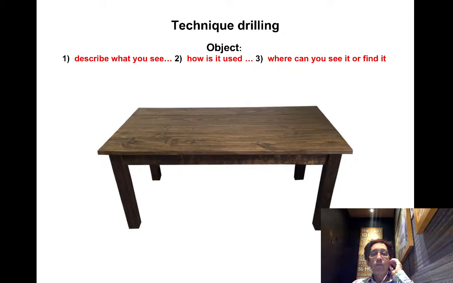This object is made of wood, and it has 4 legs, and we can have dinner on it, and we can have coffee on it, and we can play on the PC or iPad on it, and we can see it in a restaurant or in our home, in our house.